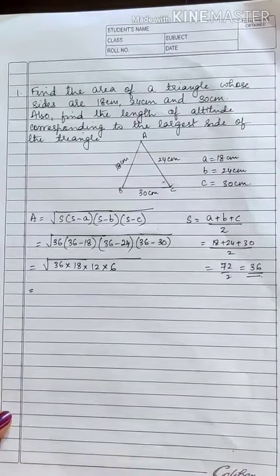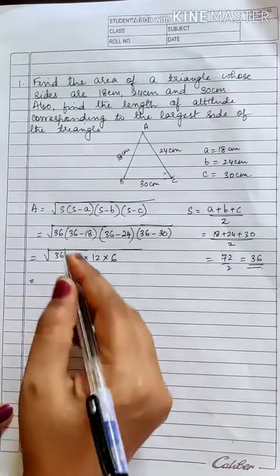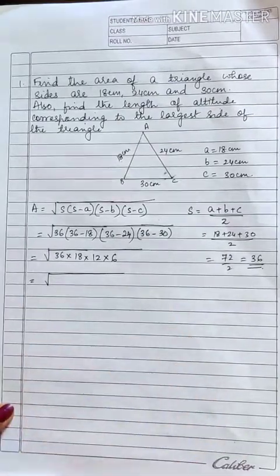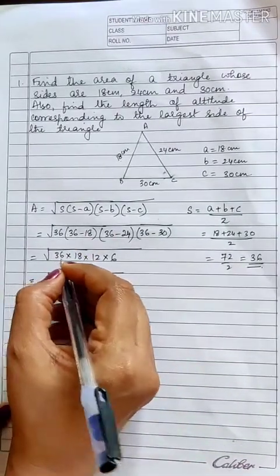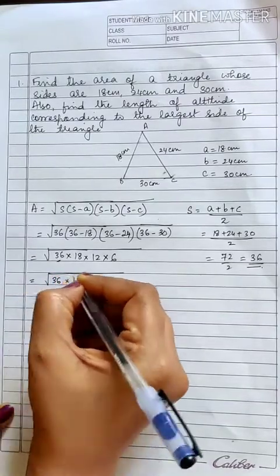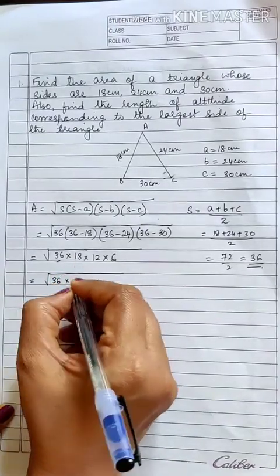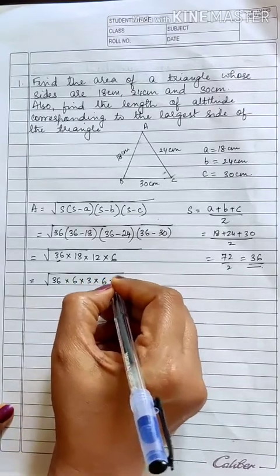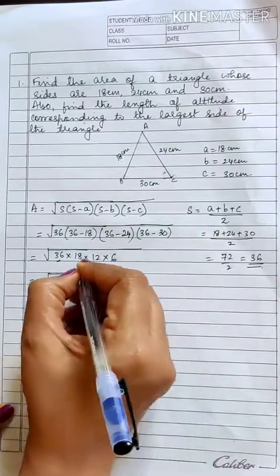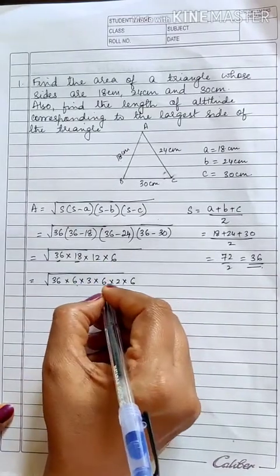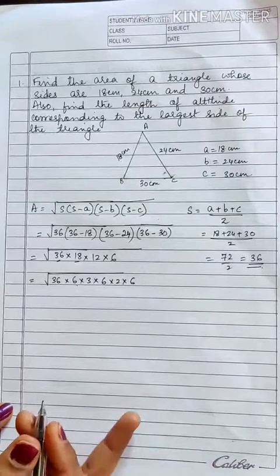Now you have to find the square root. Instead of multiplying, split the term. Here if you observe, 36 is a perfect square. So leave it as 36 into, this is 6 into 3 into 6 into 2 into 6. 18 can be written as 6 into 3. 12 can be written as 6 into 2 into 6.